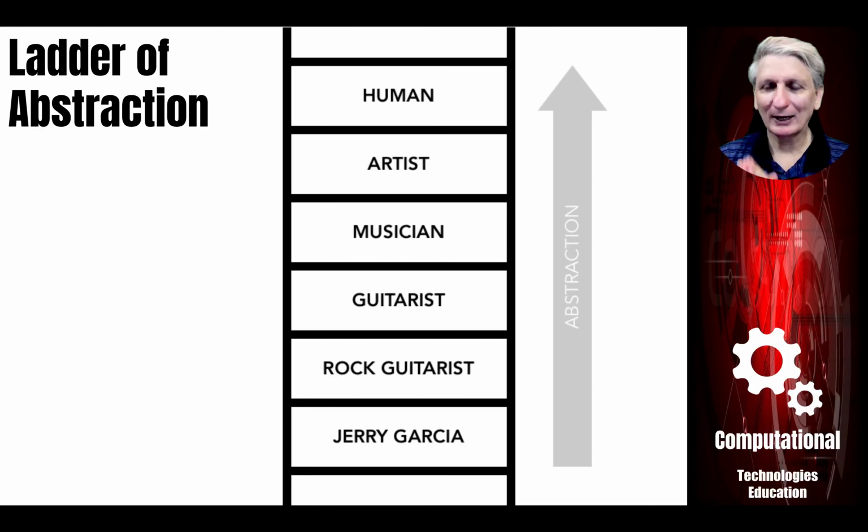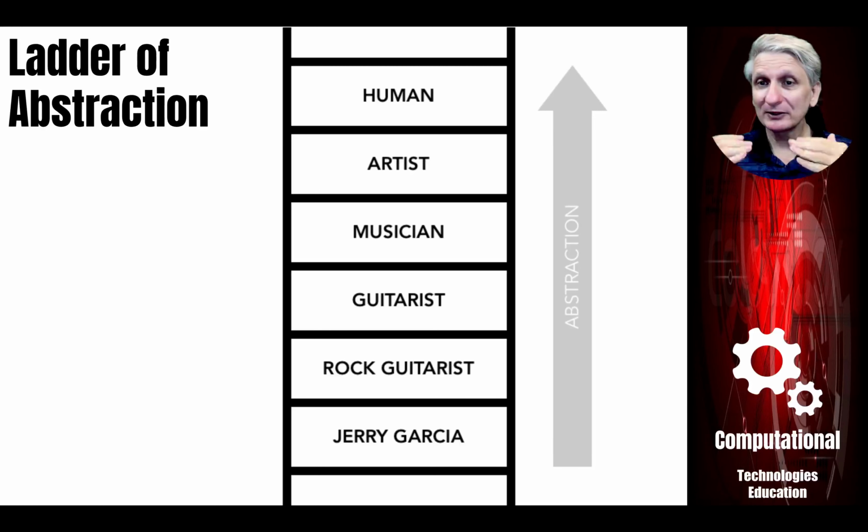So one of the approaches we do use for this is called the ladder of abstraction. At the most abstract, we have the idea of humans, which contain all of humanity. Then we have subsets of that set of humanity. Artists are a subset of humans. Musicians are a subset of artists.